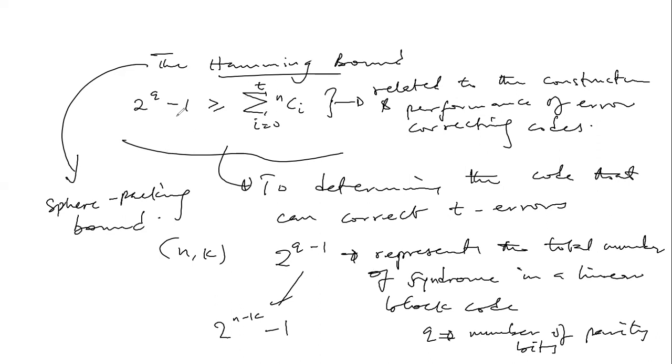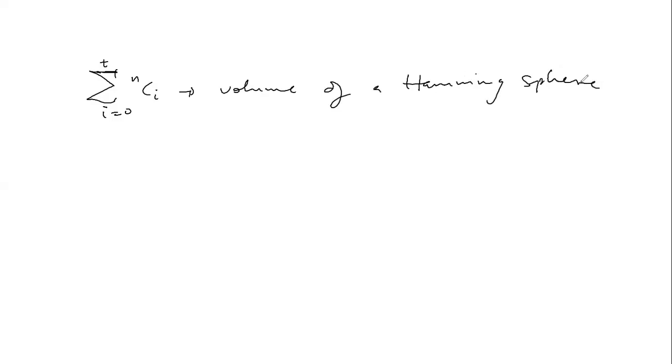And then this summation, i taking on values from 0 to t of n combination i, is the volume of a Hamming sphere of radius t around a code word.